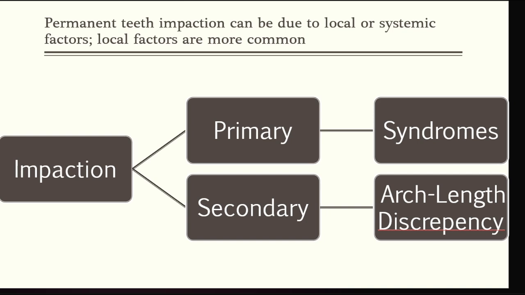Permanent teeth impaction can be due to local or systemic factors. The local are the more common ones. Now, the primary or secondary impaction causes. Primary would be like syndromes. Secondary would be arch length discrepancy.